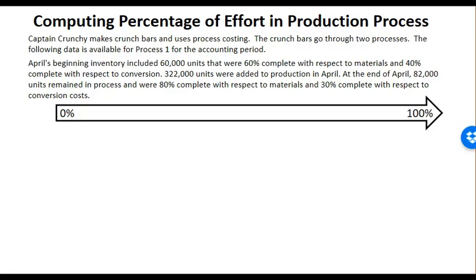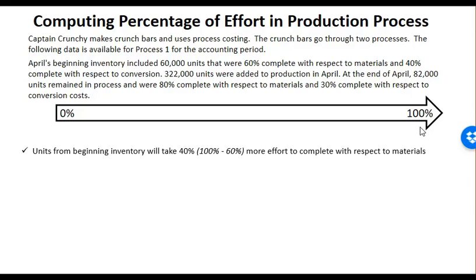Again, we have a continuum line where 0% means a physical unit that has not been started, and 100% is a unit that's been completed.